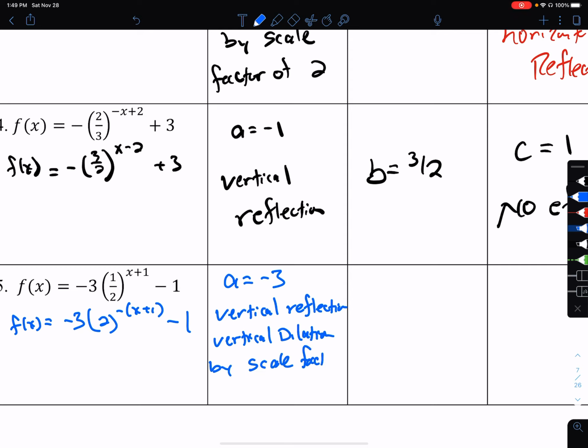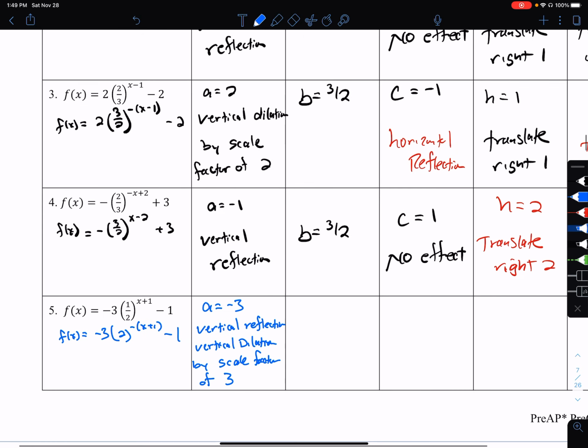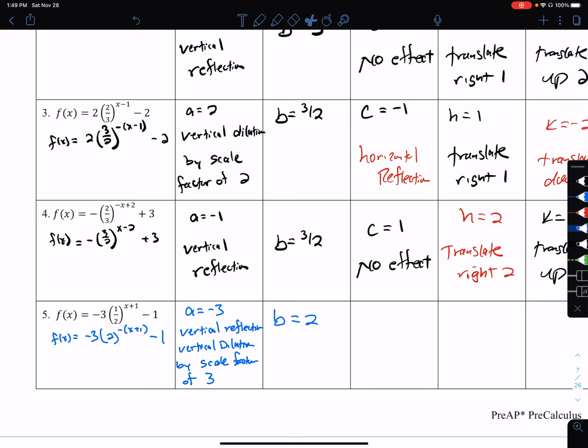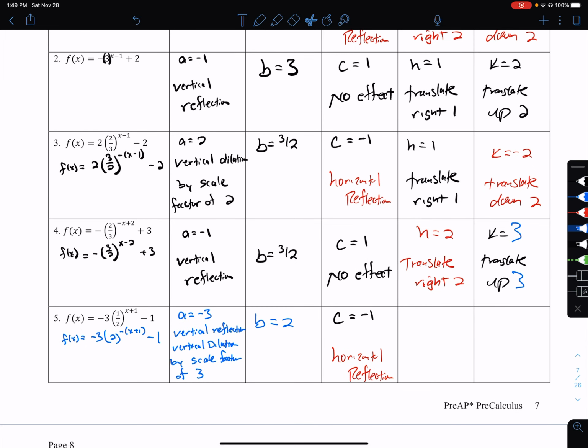By scale factor of 3. B is 2. C is negative 1. It's a horizontal reflection. H is -1 because it's supposed to be x minus a number, so it'd be x minus a -1.